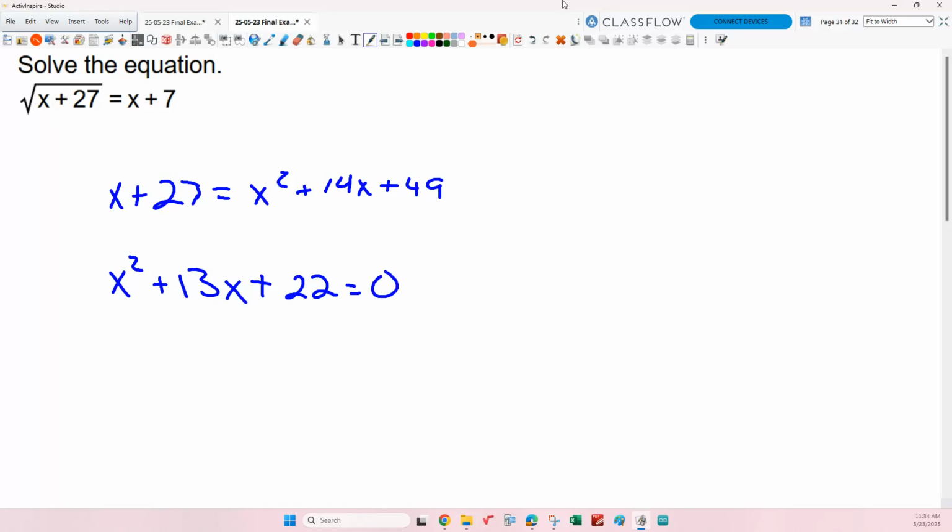What are my factors then? 11 and 2, yeah. So we got x plus 11, x plus 2 equals 0. What are my solutions? x equals negative 11, negative 2.